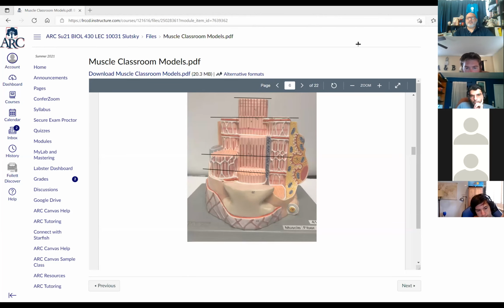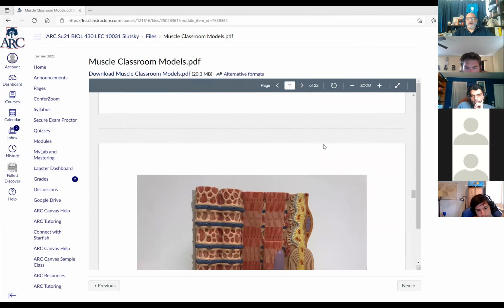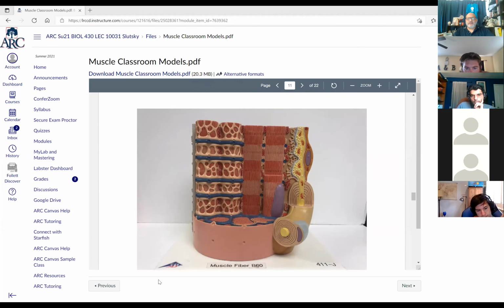Now, remember there are two cell models here, but notice with the second model, it doesn't cut it at different lengths. We can still nicely see the dark band and the light band and the dark band and the light band and how they line up with each other. They've even given us a hint of the H zone here and a hint of a Z disc there.